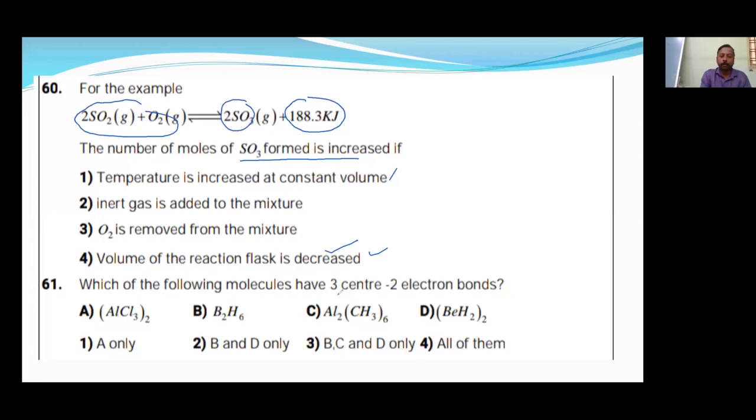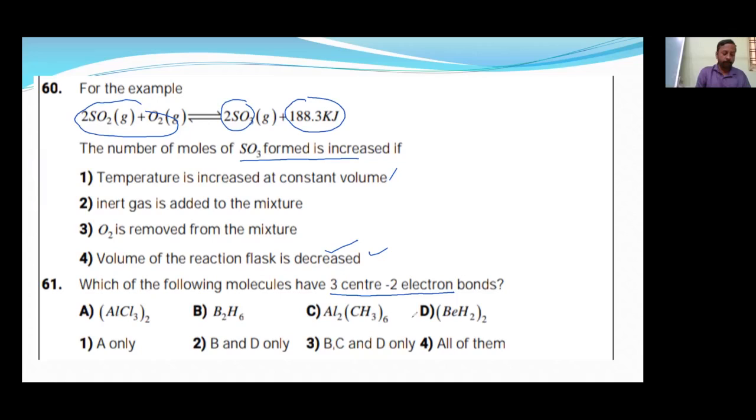Next, which of the following have 3 center 2 electron bonds? Again, this is also a multi-correct option, but it is made a single correct by doing it like this. So AlCl3, B2H6, Al2(CH3)6, (BH2)2.